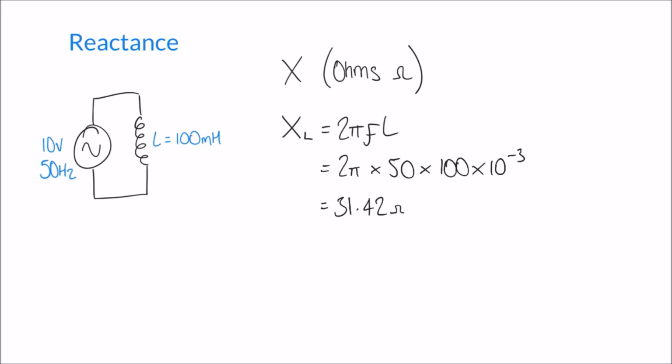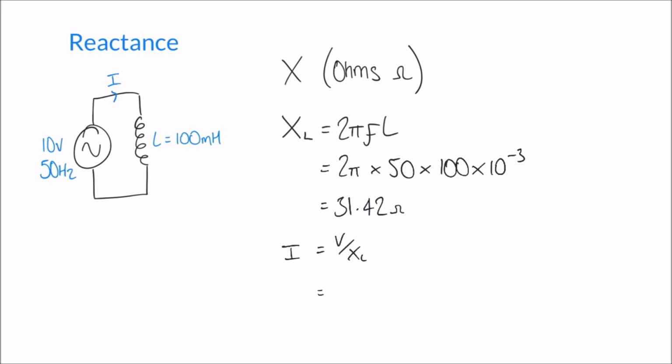But now we've calculated the reactance in this circuit, let's go ahead and calculate the current that's going to flow in this circuit. So I'll mark that on here as the current I. And we know the formula for current, Ohm's law, I equals V over R. But in this case, we don't have R, we don't have a resistance, we have a reactance. So I'm going to say that my formula is now I equals V over X, or XL, I could say.